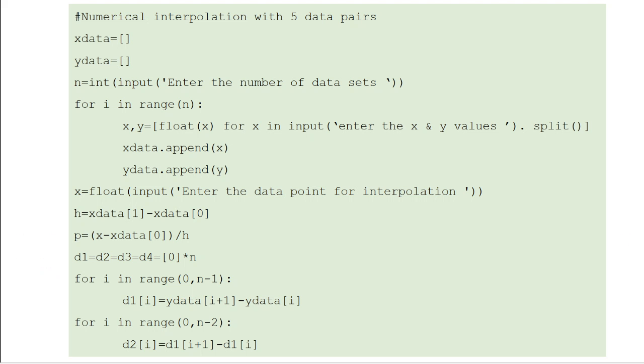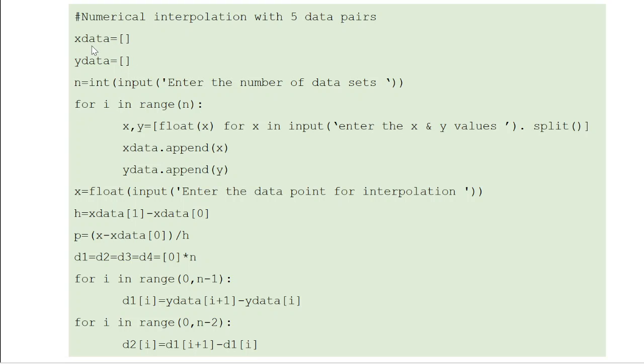So this program is going to be very easy for you. As a representative program, I am going to write a program with 5 data pairs. Almost half of the program, or 70% of the program, is exactly the same as the previous day's program.